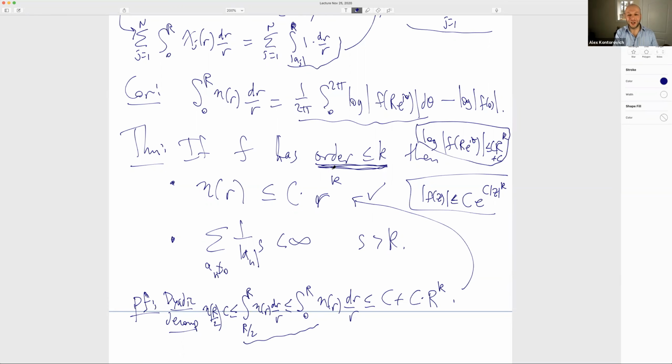Well, by definition, there are two definitions being conflated. Even the word order is abused. There's the order of a function, which is the infimum, and the function does not necessarily have order equal to its infimum. And then there's a function having order at most something. And the definition of having order at most something is literally this inequality.